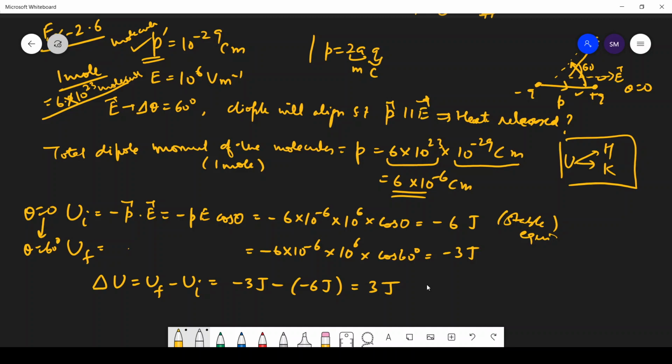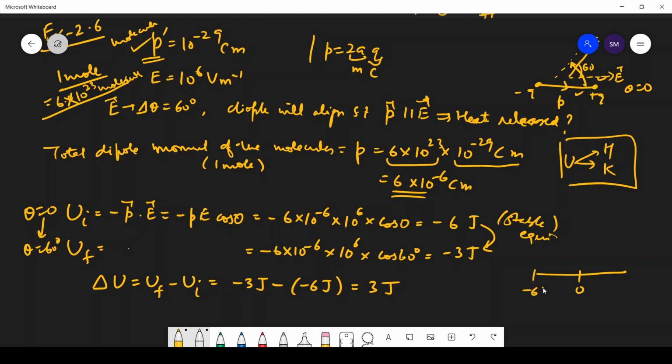So students, that's the change: from minus 6 to minus 3.